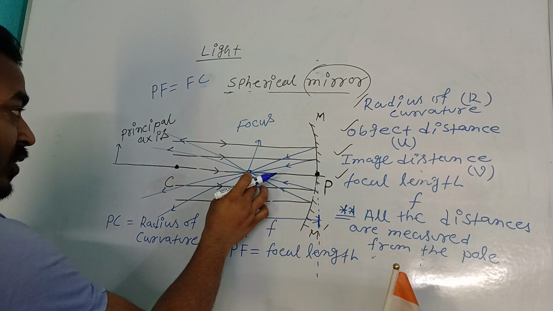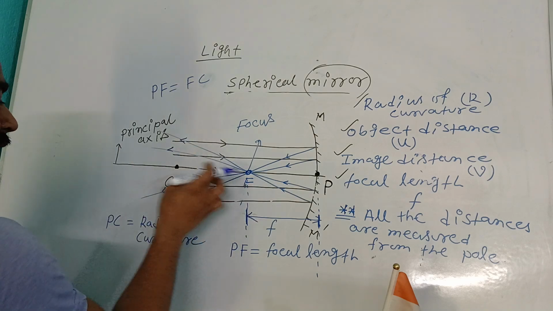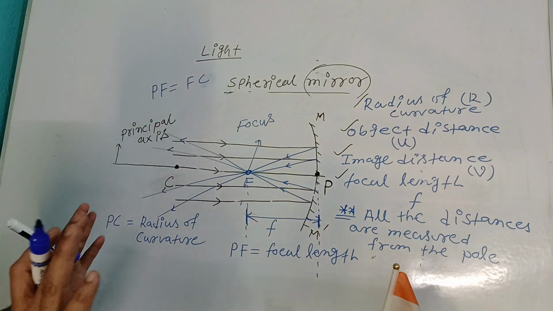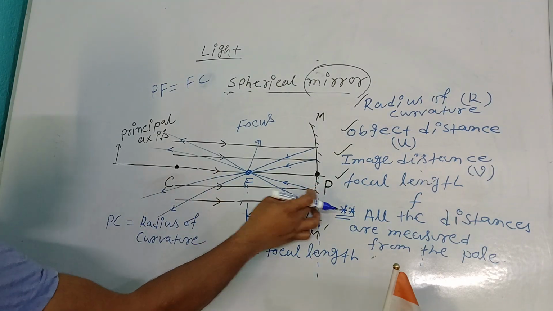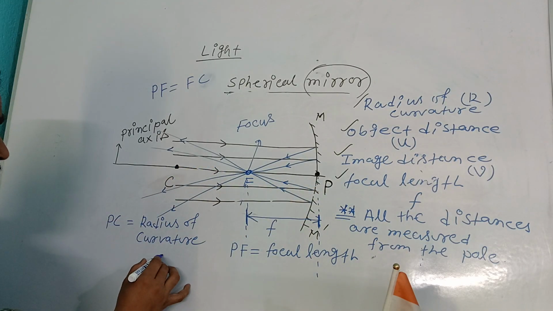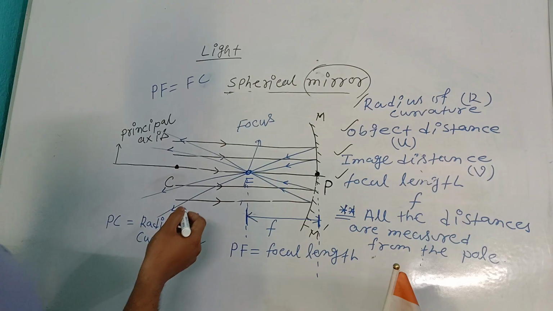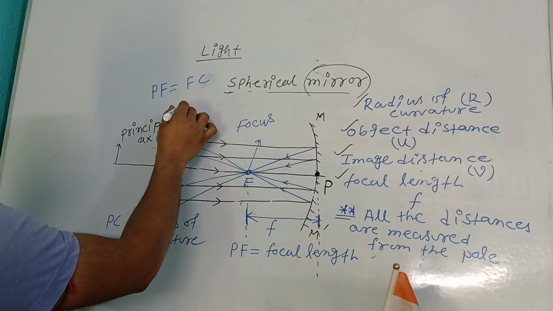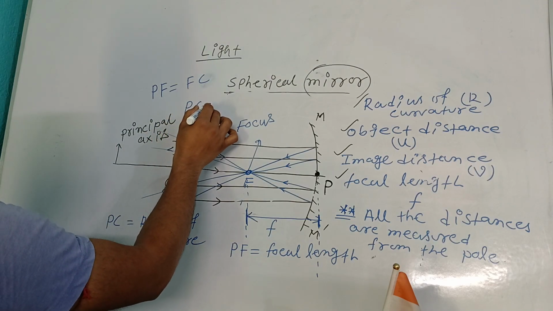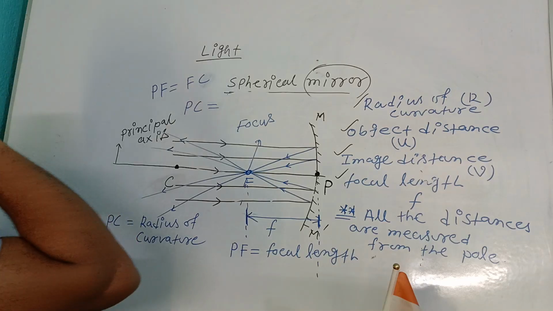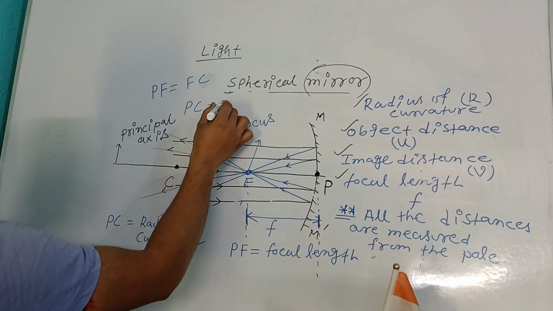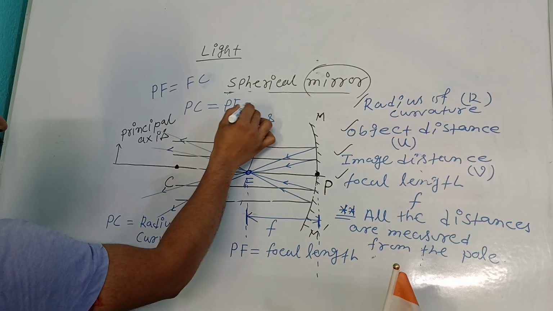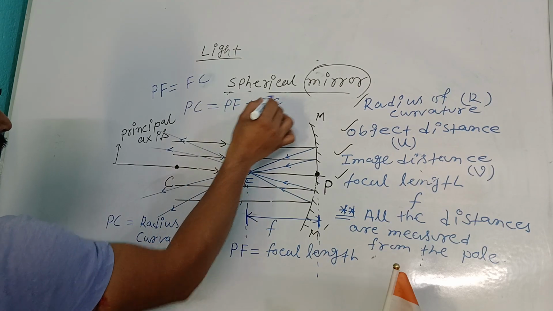So P to F and F to C are the same. So this one, PC, let me write here. PC is equal to PF plus FC.